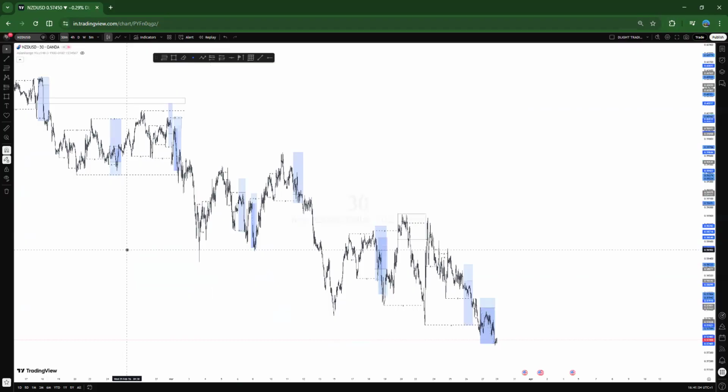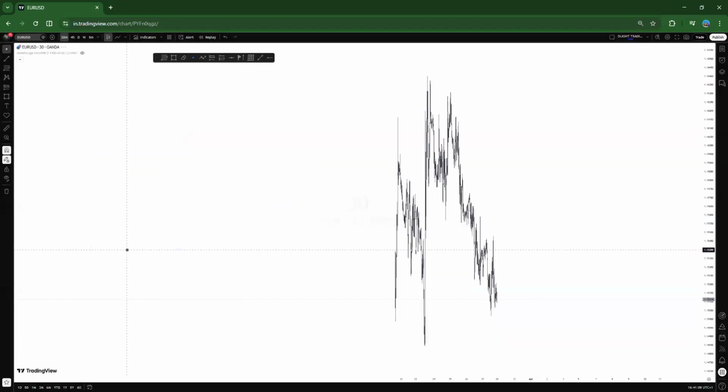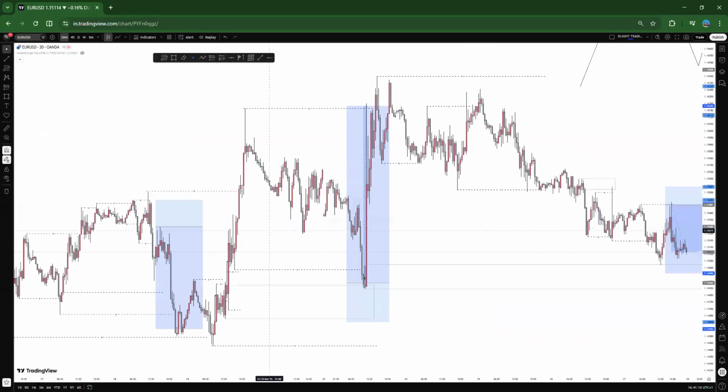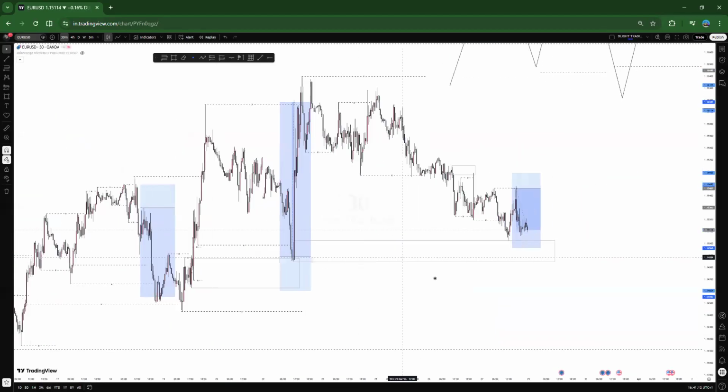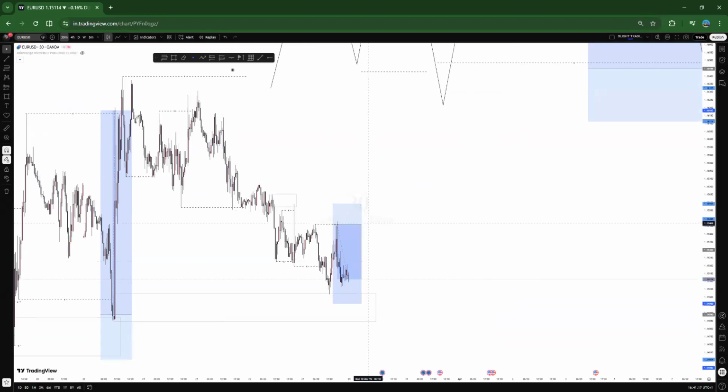So for Euro USD, let me see, there's a possibility that price can come here and reverse, in the sense that price can come down here, then reverse back to the upside before coming down.